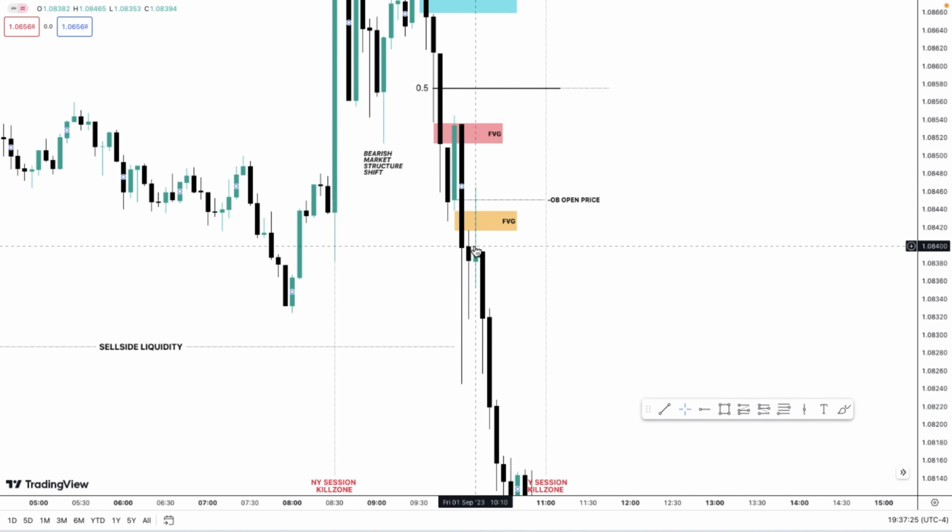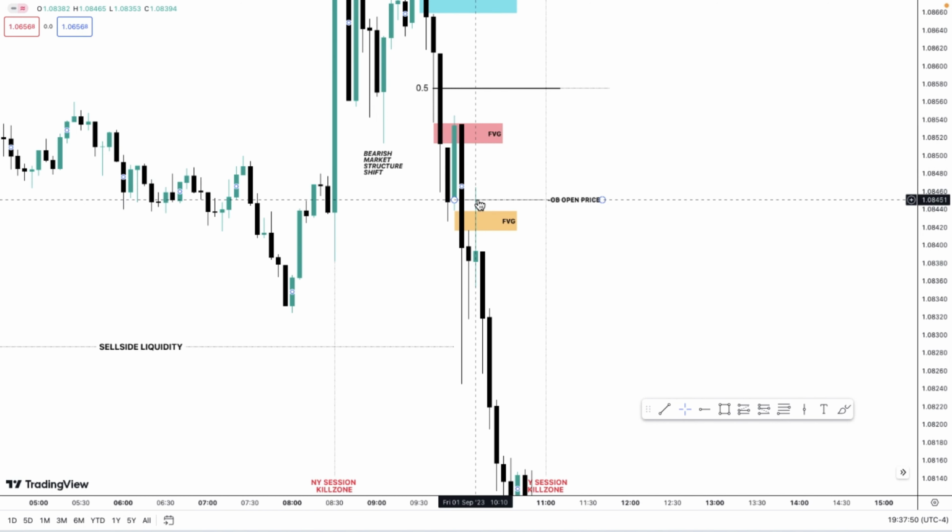So at 10:10, we see the market trading to this fair value gap. That's a silver bullet sell. So you see how the silver bullet works within the New York Session Killzone. So that's a silver bullet sell.